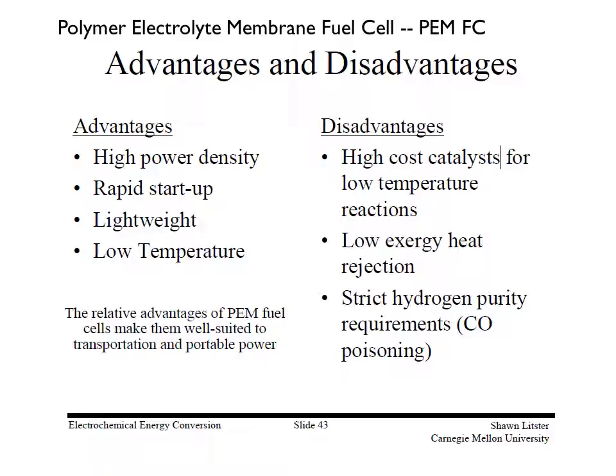And then another disadvantage is that you have to be pretty stringent on the amount of carbon monoxide that gets into the anode gas stream. There's ways of getting around this, either through putting smaller amounts of air or mixing platinum with other metals, even ruthenium.